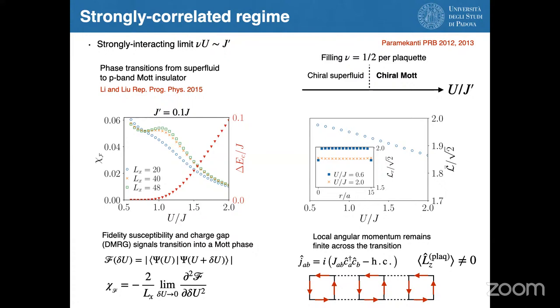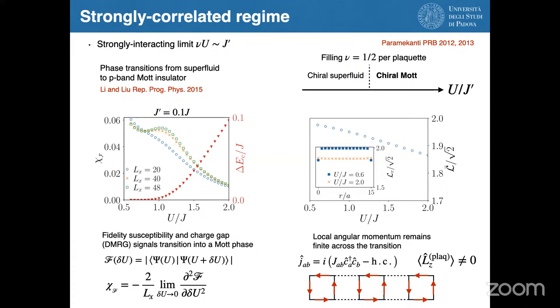And the DMRG results show that when you cross the transition and go from a superfluid to an insulating phase, the angular momentum remains finite. So we enter this phase, which is chiral and insulating. And all of this also exploits this dimerization that allows us to separate local plaquette currents from the rest of the lattice.